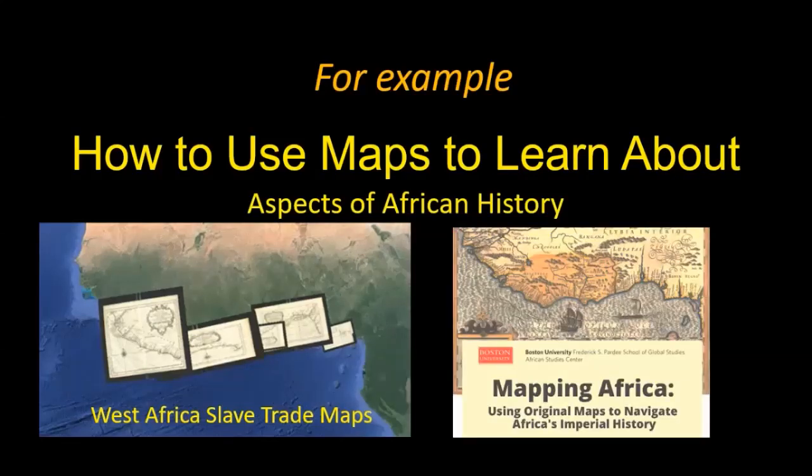In addition, in looking at the historical maps of the early colonial period, you can look at mapping Africa in reference to its imperial history, how Europeans penetrated the continent and conquered it.